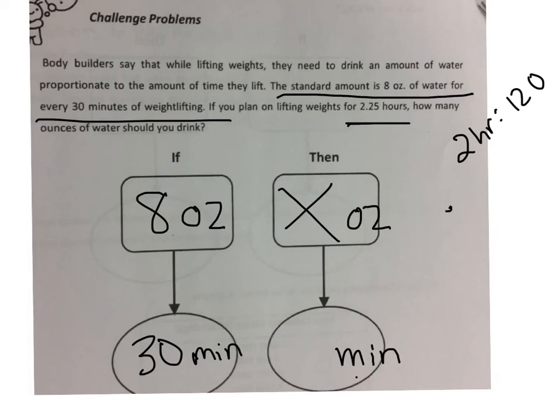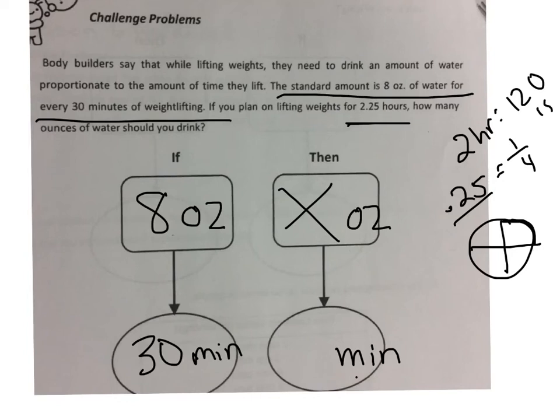When you look at the 0.25 part, that fraction is a quarter. You can see that kind of looks like a quarter as money. It is 1/4. And if you took a clock and you cut it into quarters, 1/4 is this far, which is 15 minutes. So the 0.25 part is 15 minutes. Add that on to the 120, you get 135 minutes. Okay, now we need to solve.